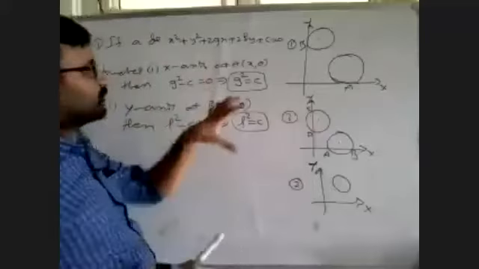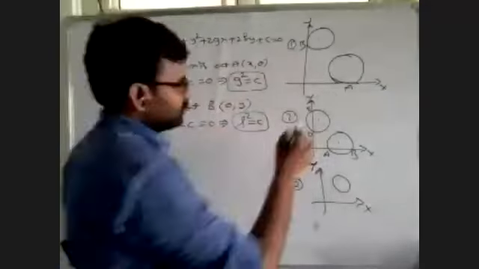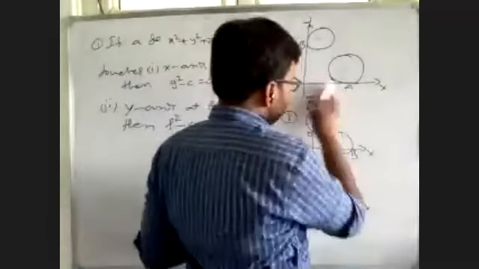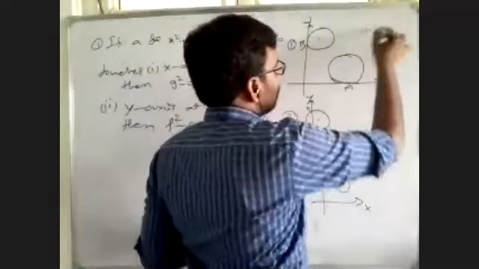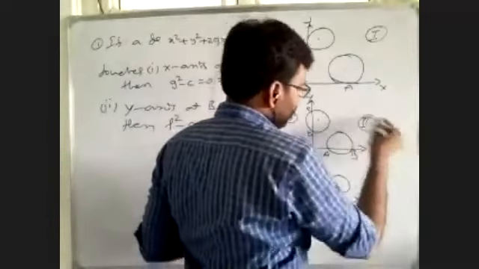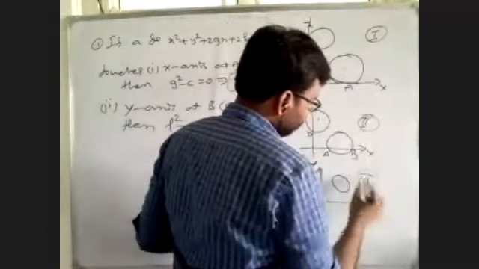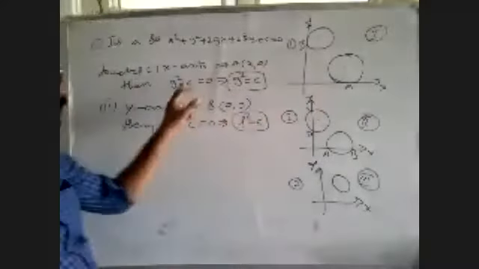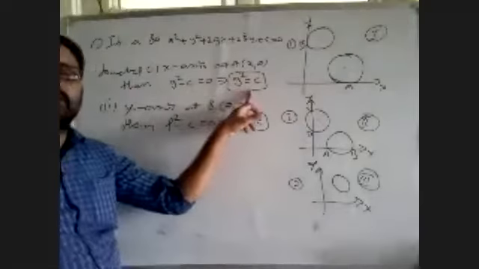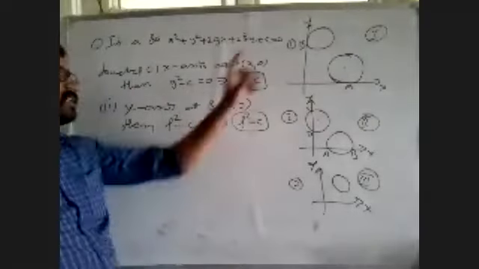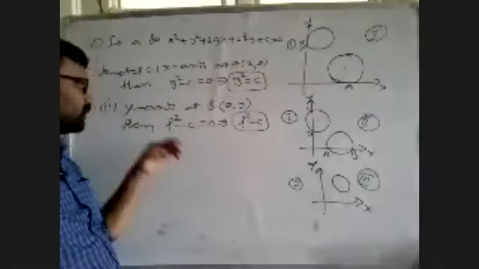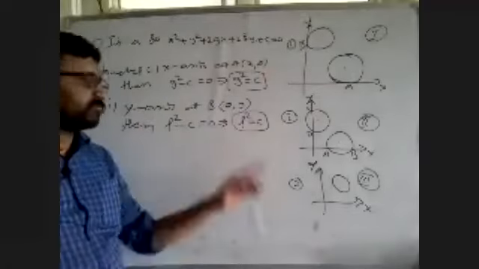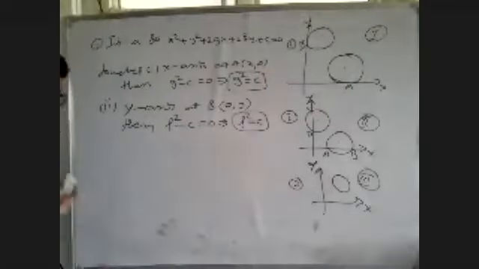This first one is about this first diagram. This is first diagram, this is second diagram, this is third diagram. If a circle touches x-axis, then what is the condition? G square minus c equal to 0 or g square equal to c. If a circle touches y-axis, then what is the condition? F square minus c equal to 0 or f square equal to c.